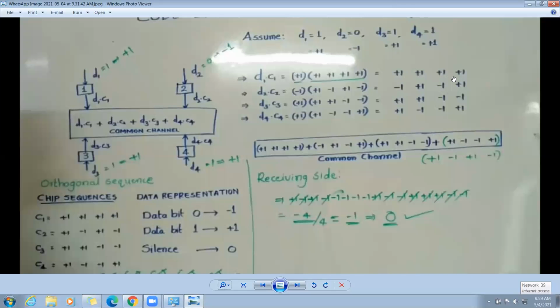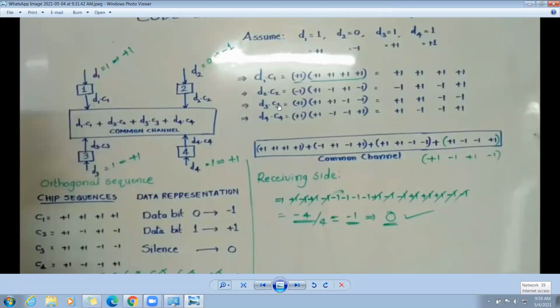This is D1 into C1. Next, D2 into C2. What is D2? D2 is 0. 0 means -1. So -1 into C2, which is +1, -1, +1, -1. -1 into +1 is -1, -1 into -1 is +1, -1 into +1 is -1, -1 into -1 is +1.